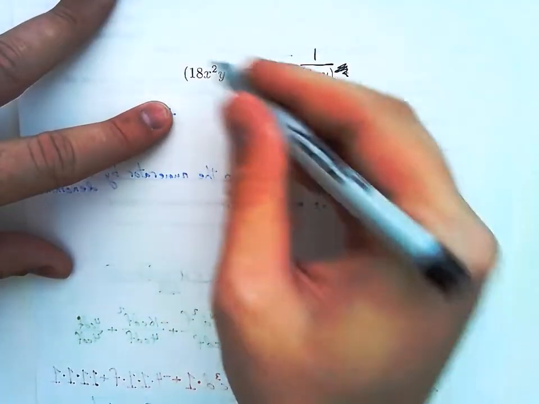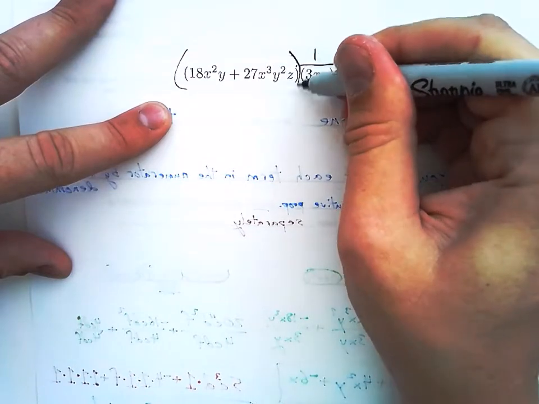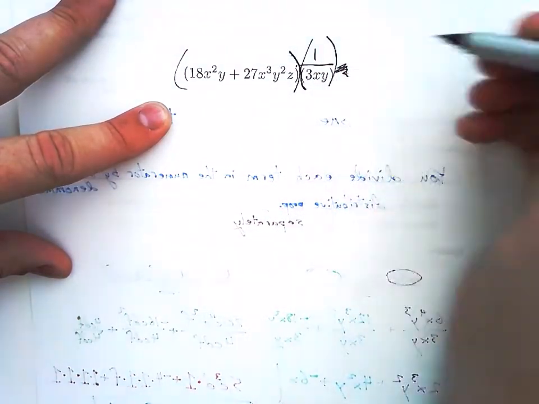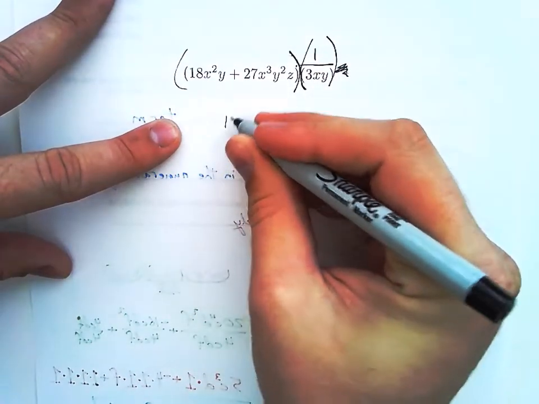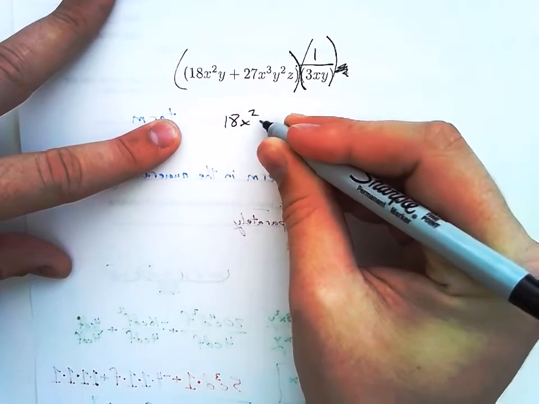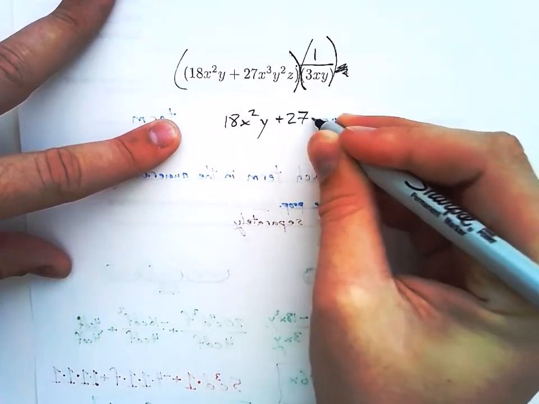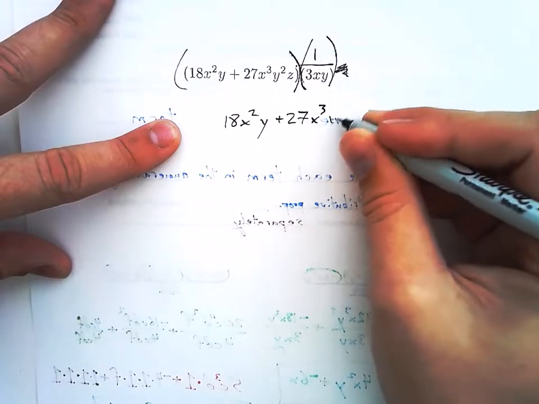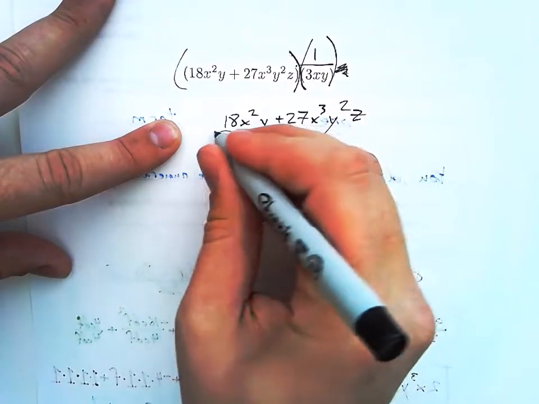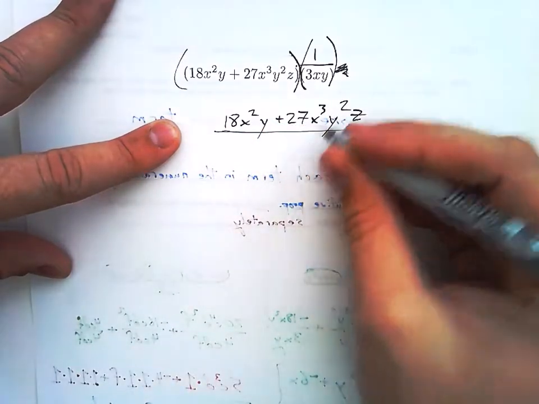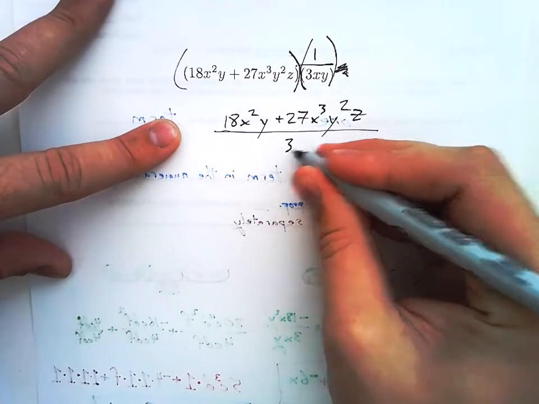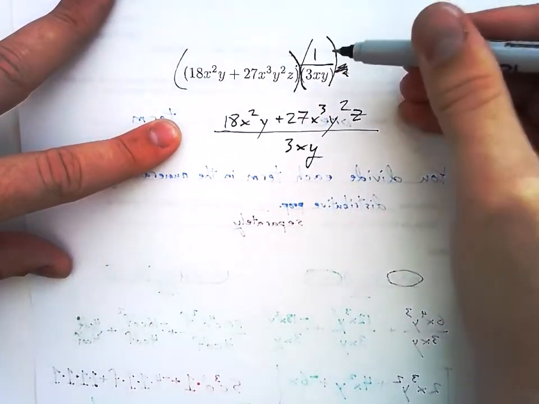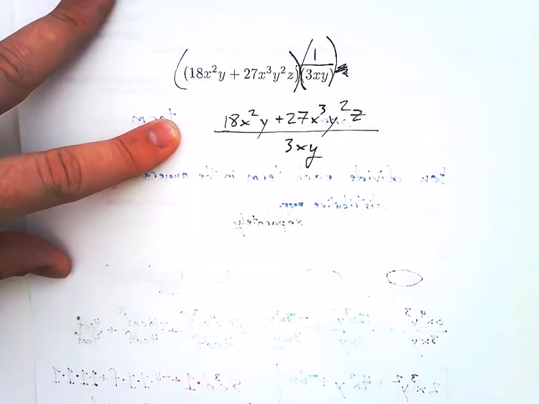So really, if you multiply this times that, you're going to end up with 18x squared y plus 27x cubed y squared z all over 3xy is the only thing that will be on the bottom. So the negative power makes it flip to the bottom of the fraction.